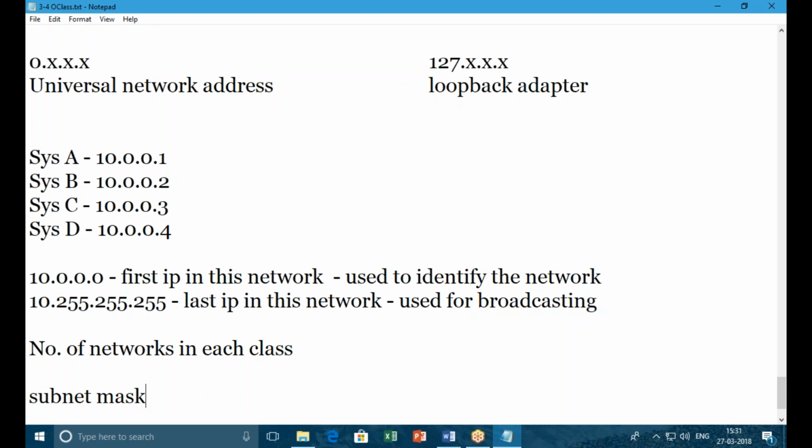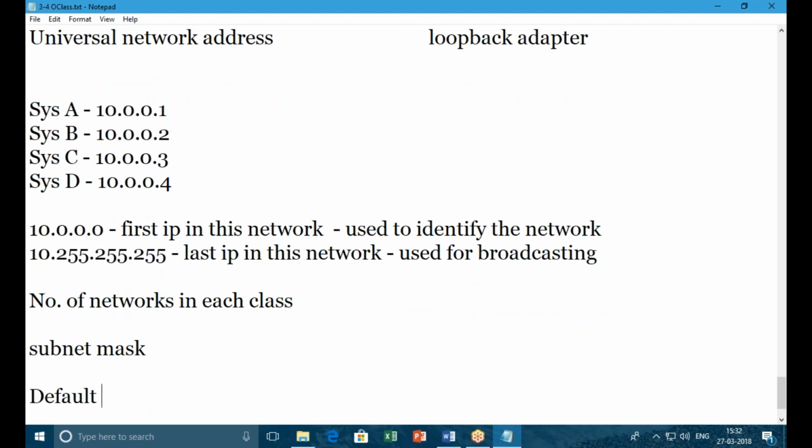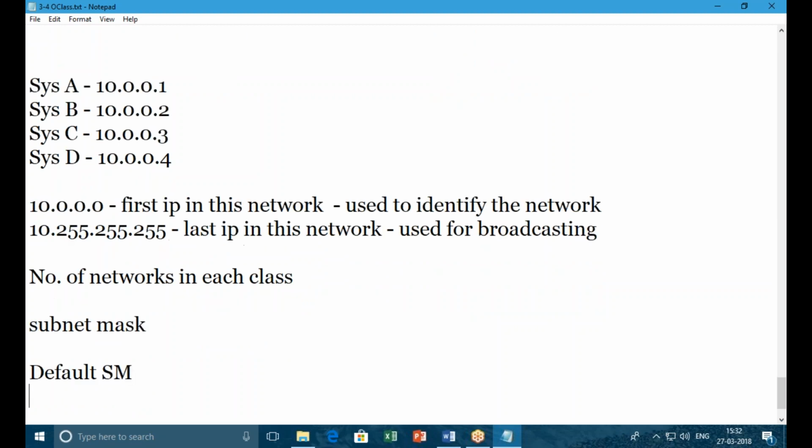We'll be having a default subnet mask which is used to identify the class of the IP address, whether it belongs to class A or class B or class C. The default subnet mask for class A is 255.0.0.0.